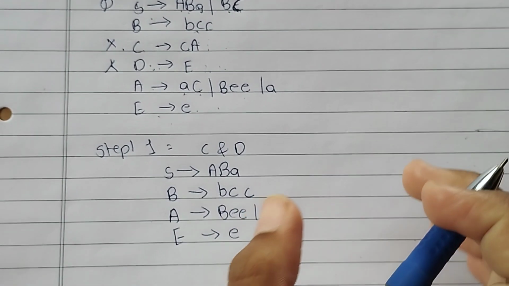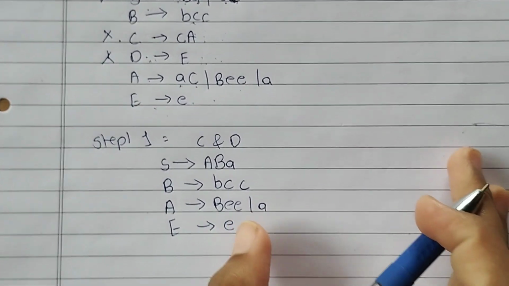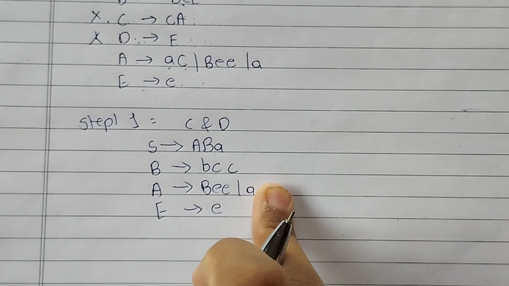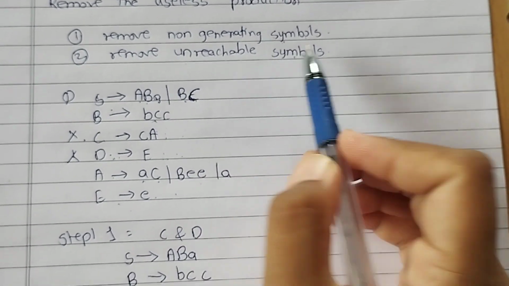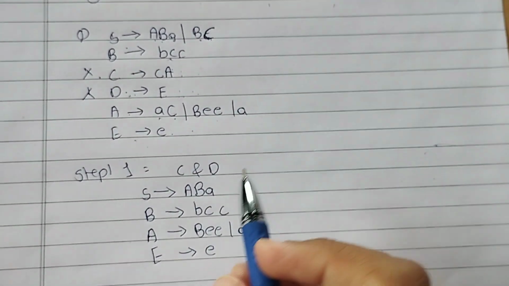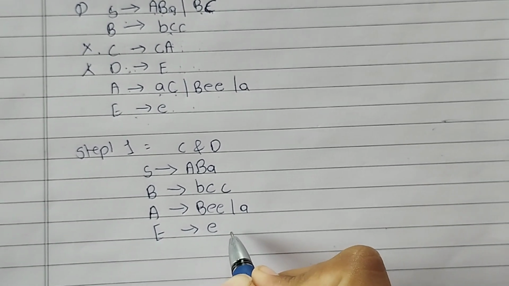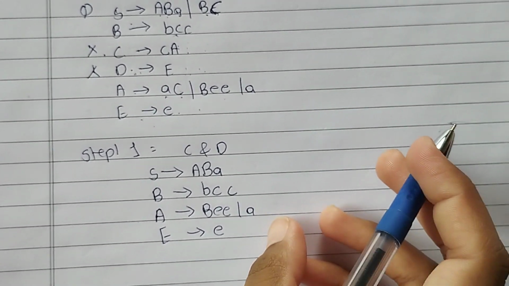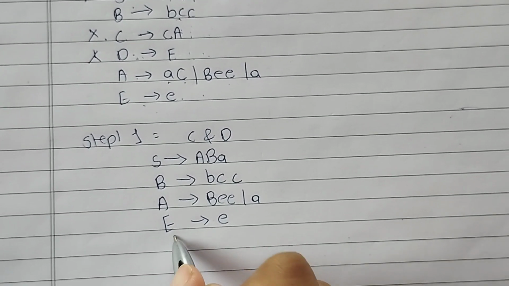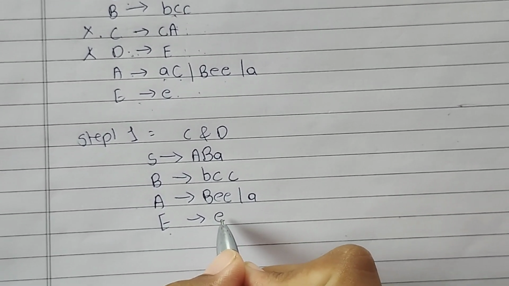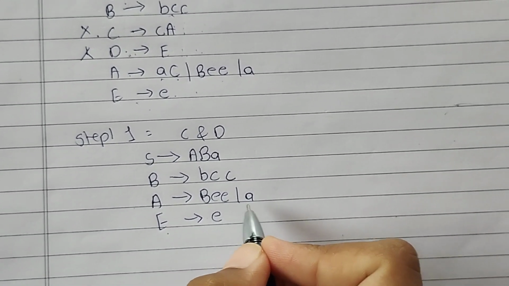Now we perform step number 2 on the result of step number 1. Step number 2 is remove unreachable symbols. Unreachable symbols means the variable which does not produce capital letters, only small letters. So here this E produces only small letters, not capital letters.